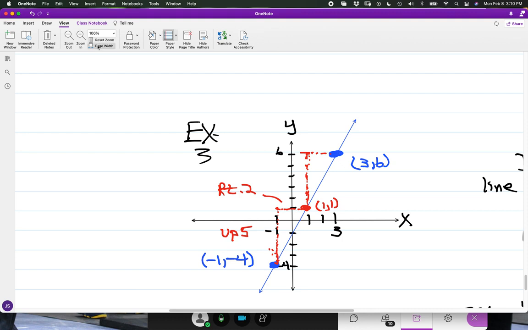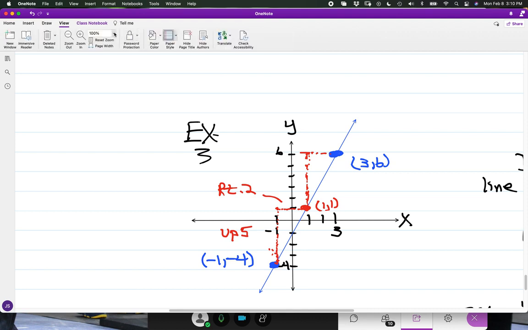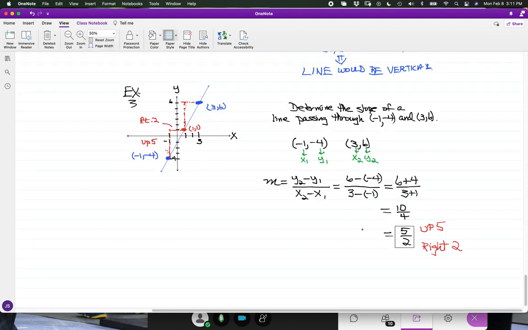So think of it kind of like a staircase, and you're going to the same destination, if there's an endpoint, if the line continues to a final destination. But to stay on the line, from everything before -1, -4, and anything coming after 3, 6, you want to maintain the cycle of going up 5 and to the right 2, which complies with the slope value of 5/2.